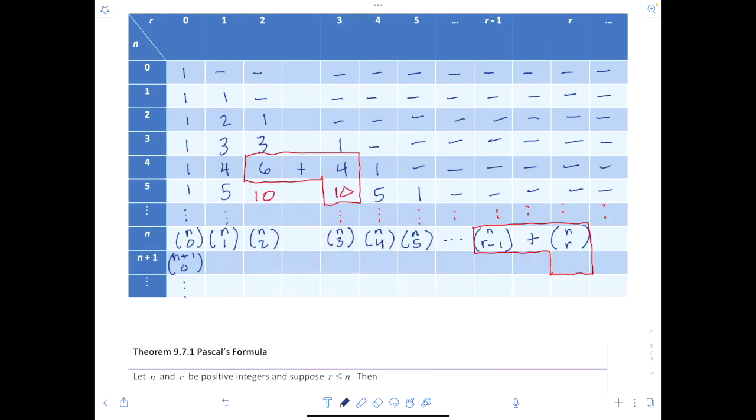Before we look at that box there, let's take a look at the trend going this way. On this row, we would have n plus 1 choose 1, n plus 1 choose 2, n plus 1 choose 3, n plus 1 choose 4, going along and along, n plus 1 choose 5.